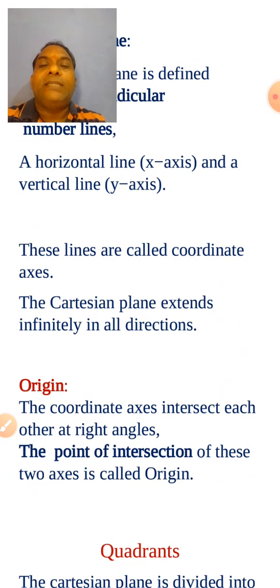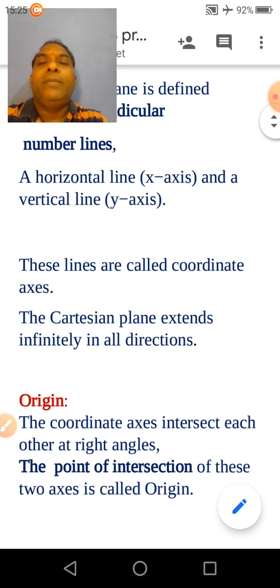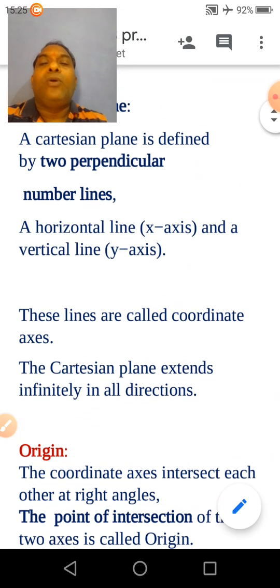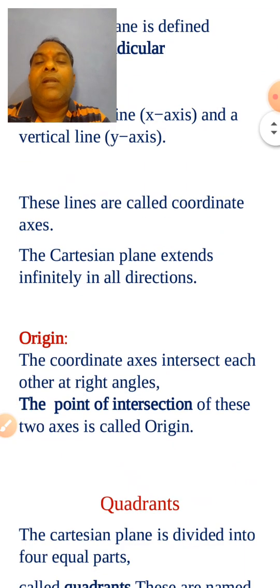The Cartesian plane extends infinitely in all directions. Clear?